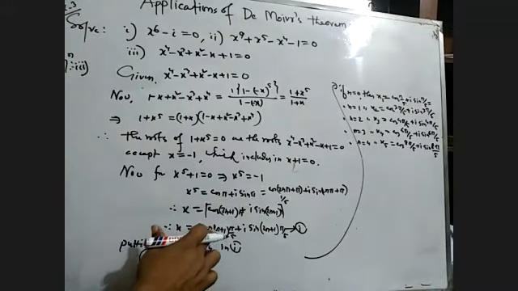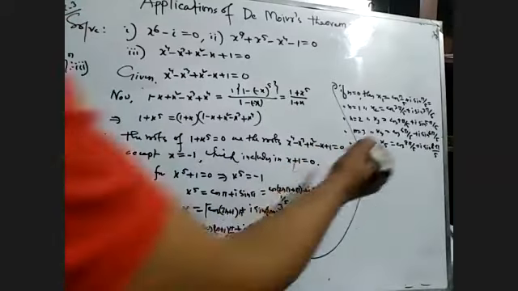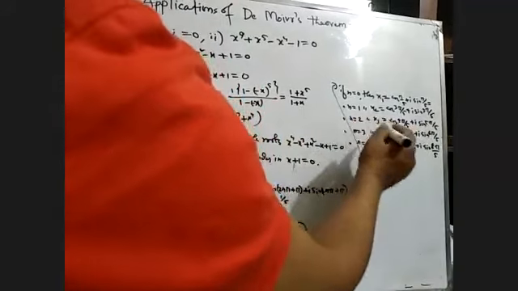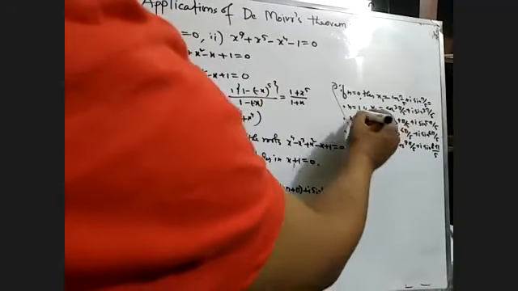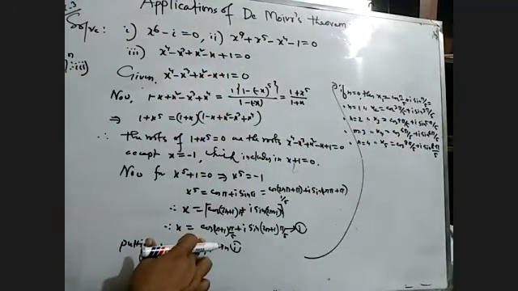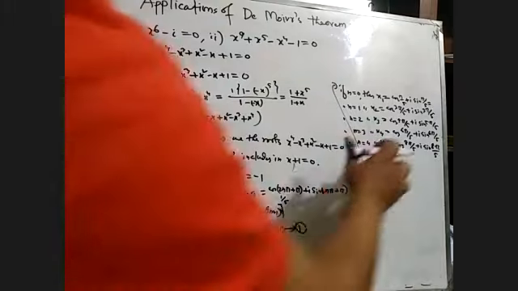For n equals 2, 5 pi by 5. That means cos pi. 5 will be cancelled, so this will be minus 1 and this will be rejected. Now for n equals 3, 7 pi by 5, and this will be 9 pi by 5.